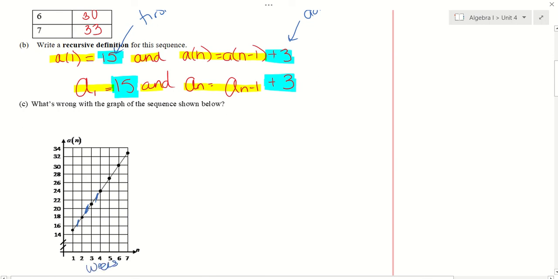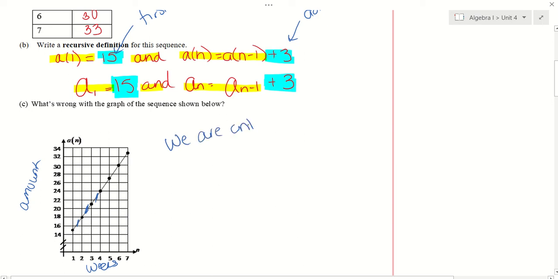This is our weeks, and this is our amount of money she has. Does our word problem ever say she's putting away money at 2.5 weeks, at 3.75 weeks, at 4.9 weeks? No. Our sequence says every week she puts money away. So at the whole numbers, 1, 2, 3, 4, 5. So that's the issue.